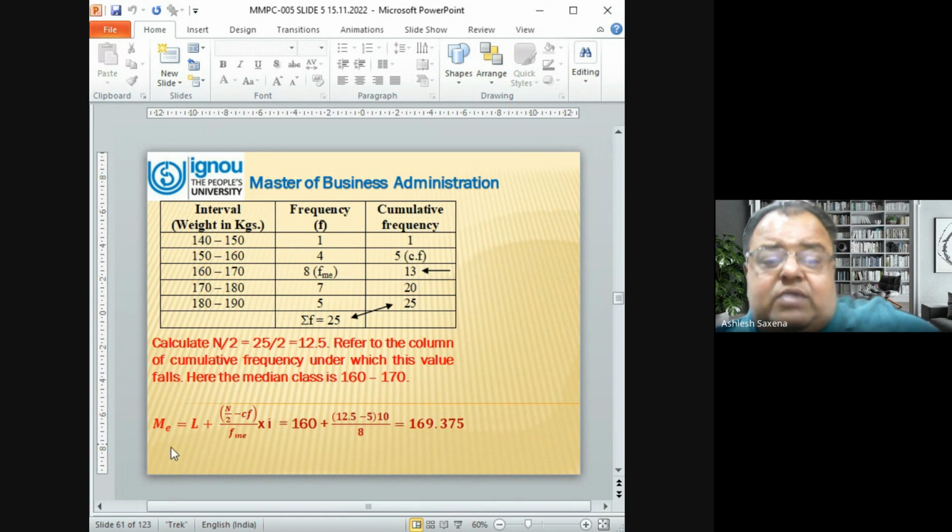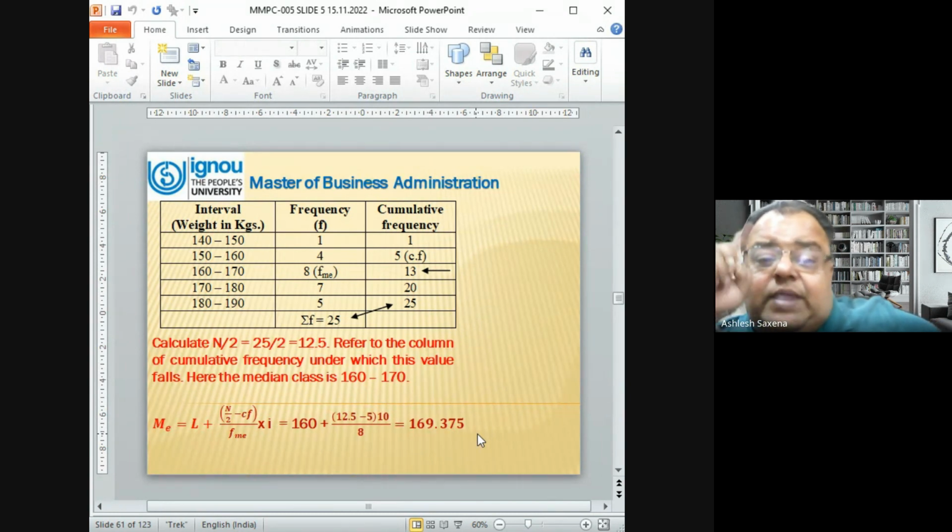Now you have the formula L plus N by 2 minus CF upon F into I. Your L will be this 160. N by 2 will be 12.5. CF of this will be 5. Frequency will be 8. And the difference between these two, that is I, will be 10. After calculation, you will get 169.375.